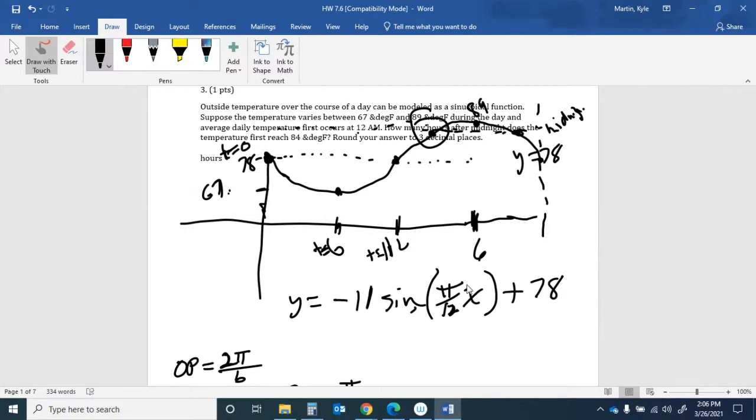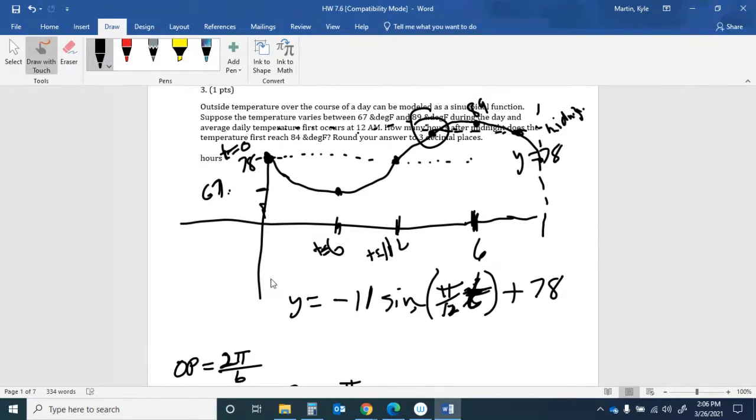If I call it t one place, I need to call it t everywhere. So I'm looking for the time t. What time t do I hit 84 degrees first? And I know there's 2 places where I hit it in a single 24-hour period.